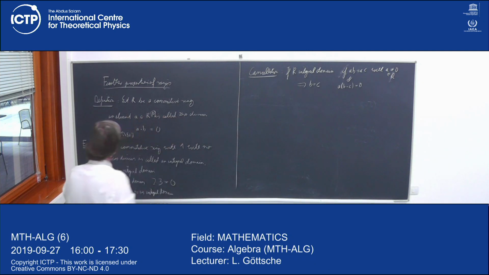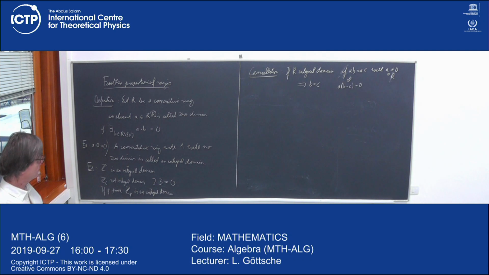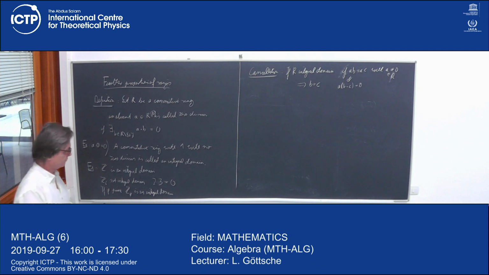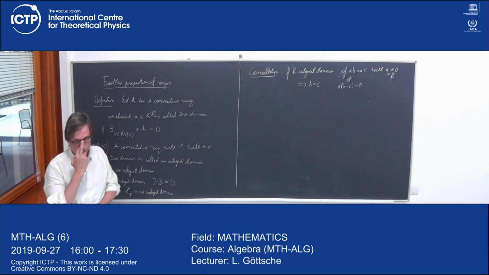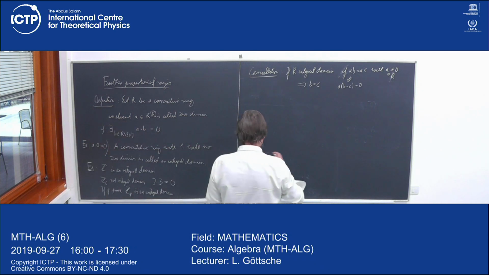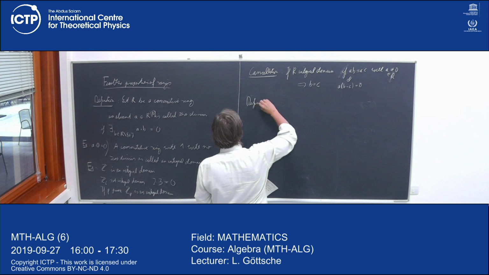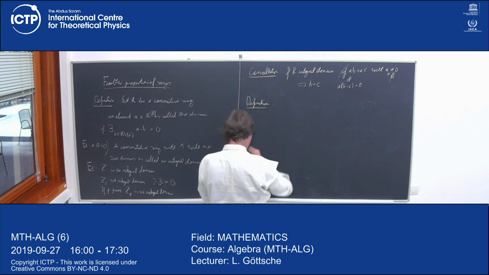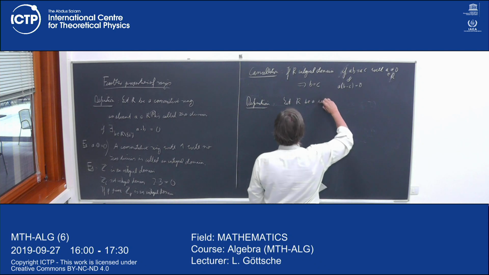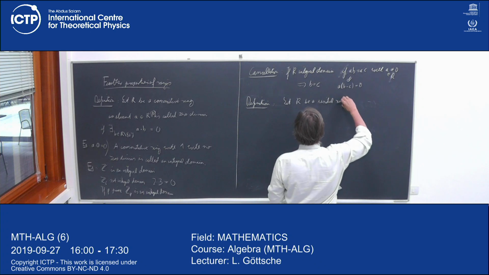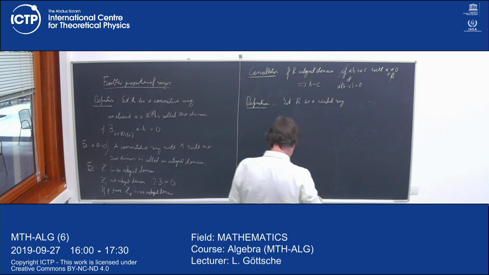We have introduced the unit element. So a ring can have some invertible elements so that the multiplicative inverse exists, and the set of all invertible elements are called the units, and they themselves form a group with multiplication. So let R be a ring.